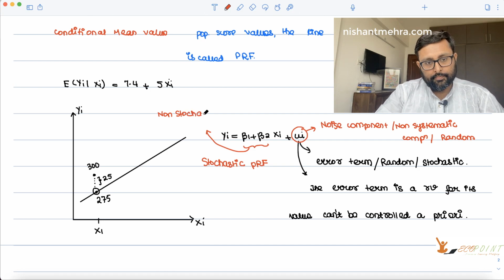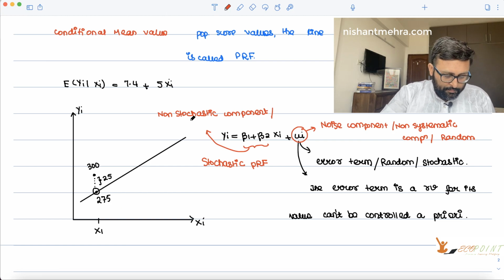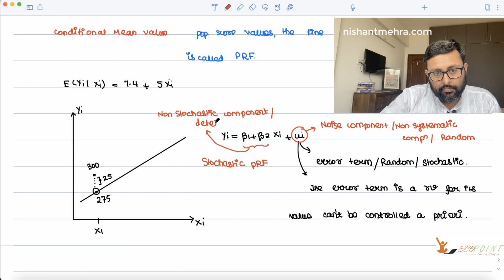The non-stochastic component, this beta 1 plus beta 2x, you can also call the deterministic component or systematic component.